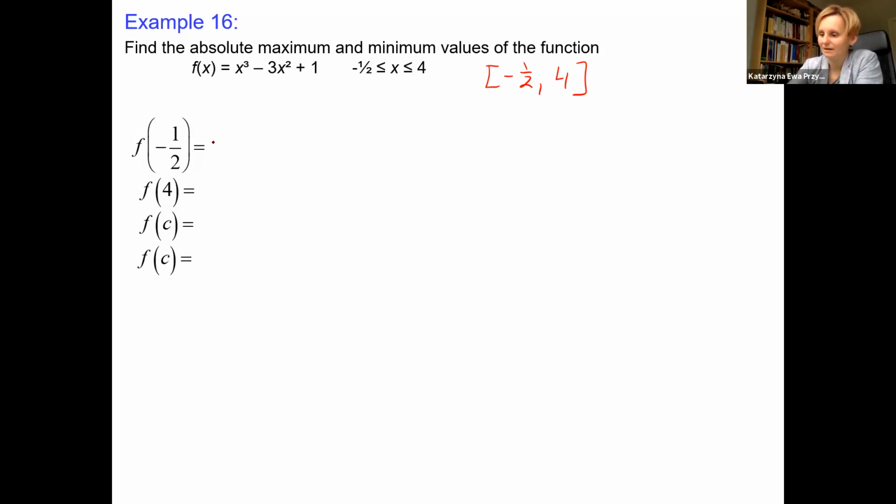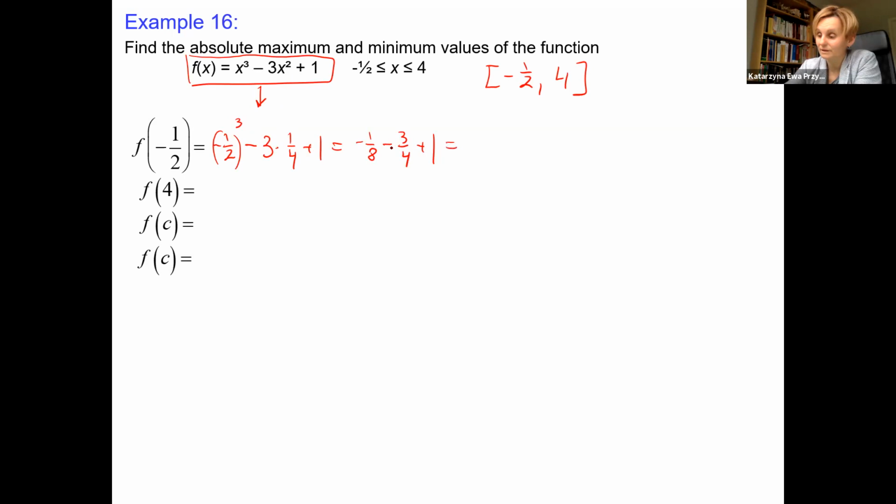Let's substitute, just using the formula of the function, of course. 3 times -1/2 squared will be +1/4 plus 1. Oh, -1/8, 3/4 plus 1.